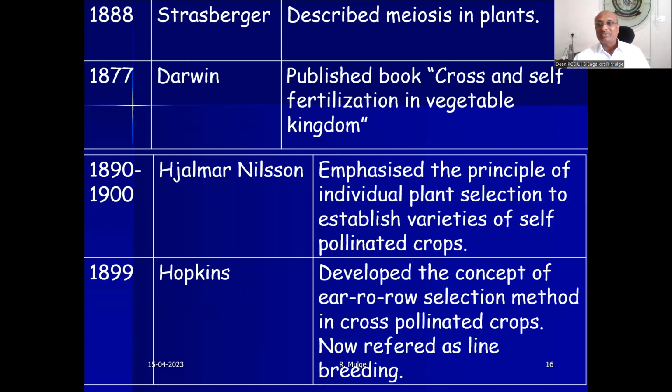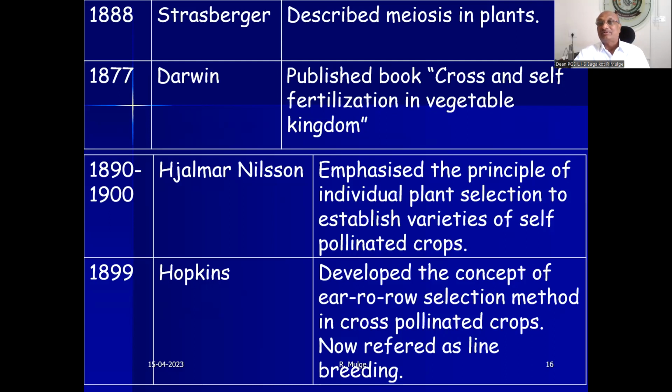You are waiting for your selection, because whatever seeds you collect in the year ahead, you raise in the next generation, next season rather. If all those plants are doing well, the average performance of all those plants in a row will determine whether the plant you selected in the previous season is valid or not.